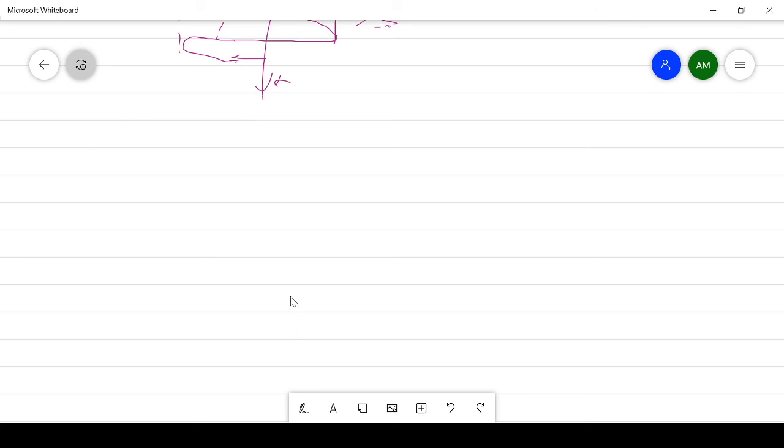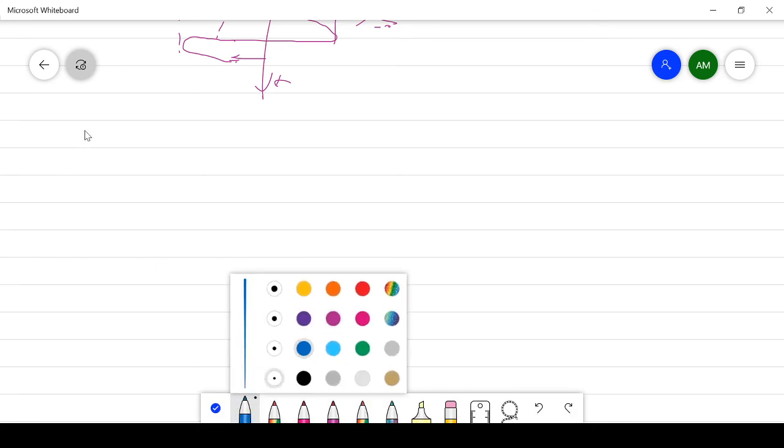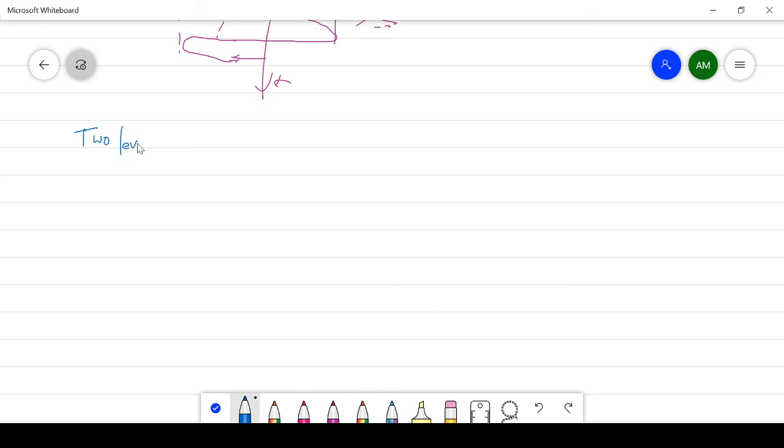The two level clipper, or dual clipper, eliminates a small portion of both half cycles, on both sides.